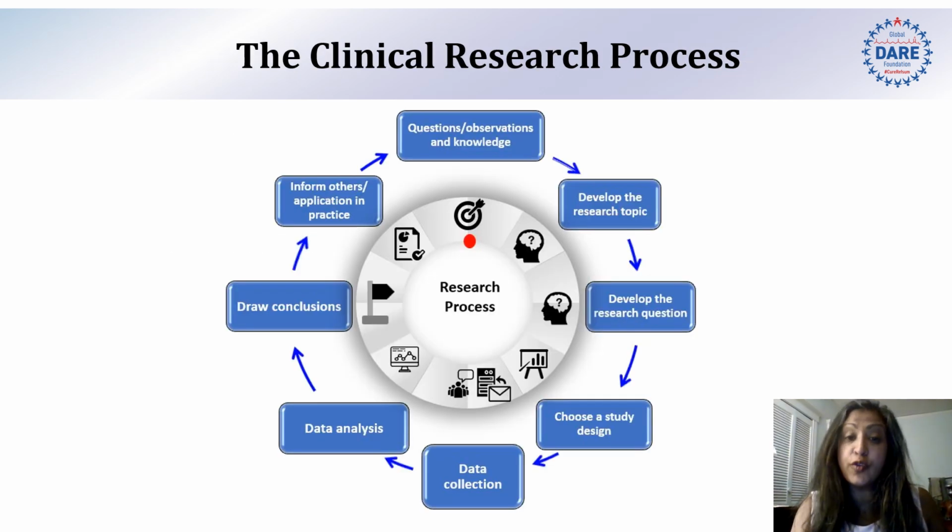So here is an overview of the clinical research process. As I said before, the heart of all clinical research is a research question that scientific researchers want to answer. But before the development of that research question, you need to take into account what is already known about a topic that you want to address, as well as what is unknown about that topic.